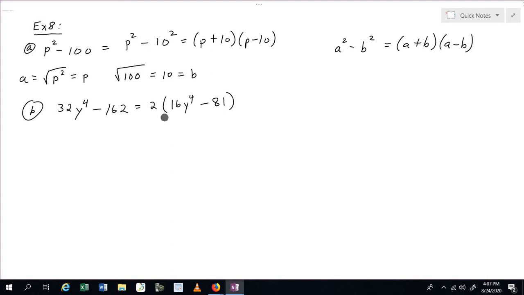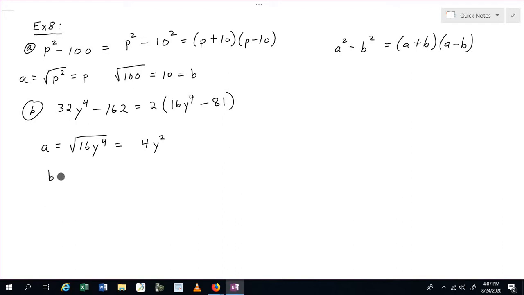It turns out that this is actually the difference of squares, so let's check that. Take the square root of the first term: the square root of 16 is 4, and the square root of y to the 4th is y squared. That's your a.